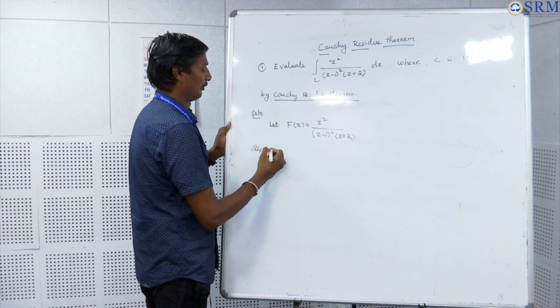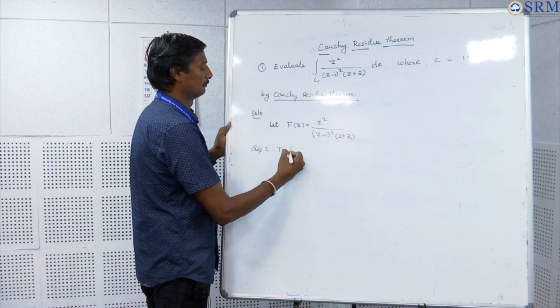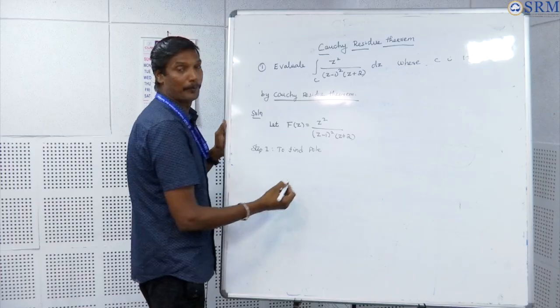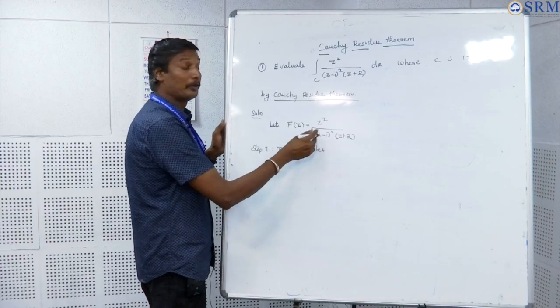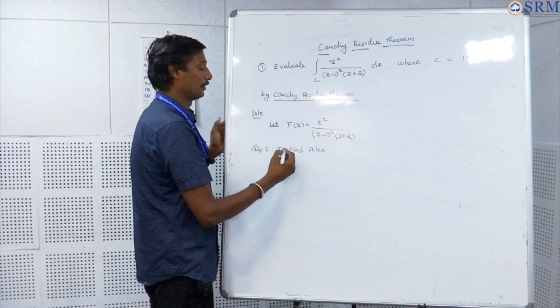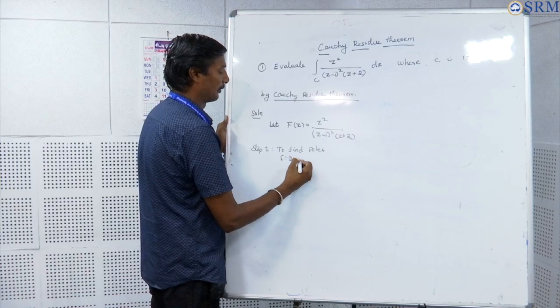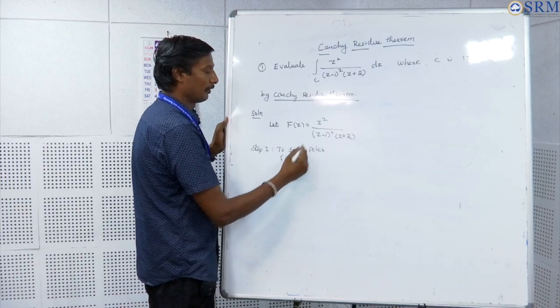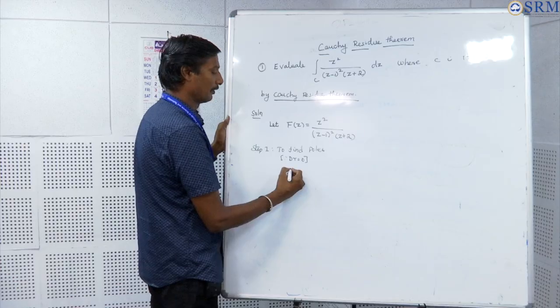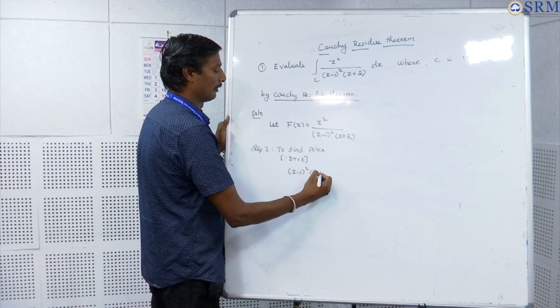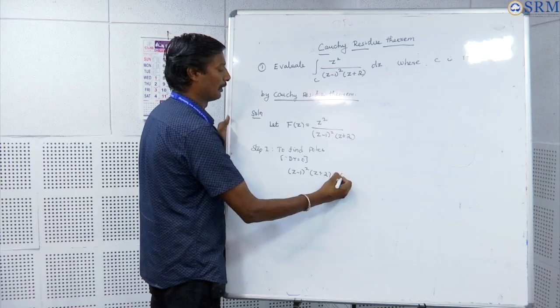What do the poles mean? You take the denominator term equal to 0. So what are the denominator terms? (z minus 1) whole square into (z plus 2) equal to 0.